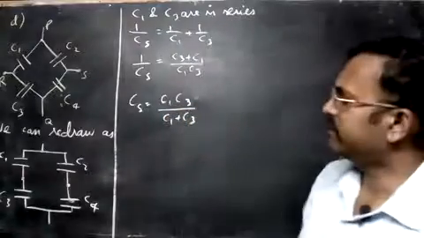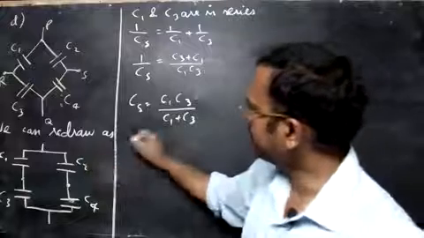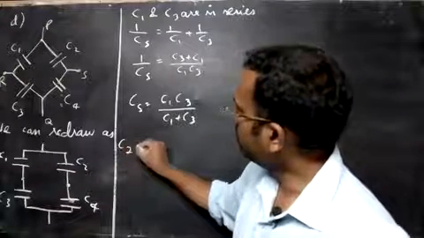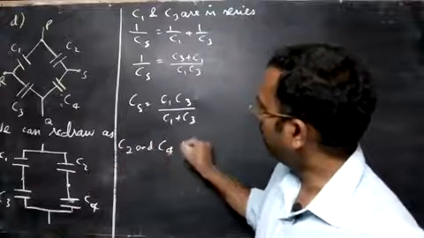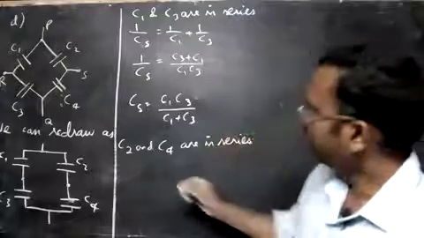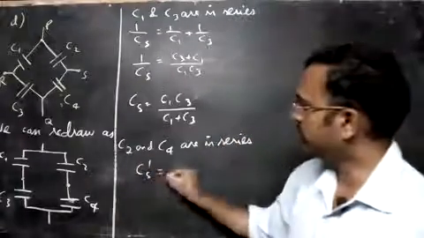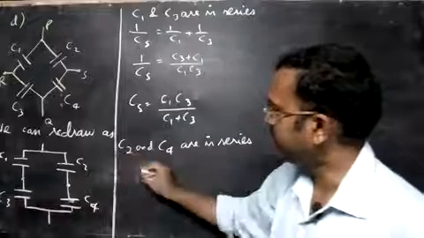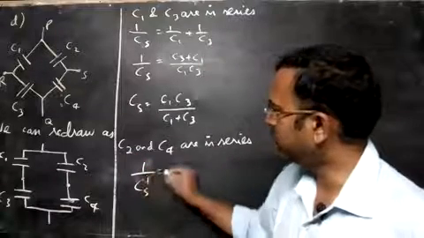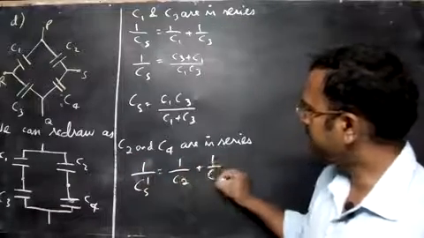Very easy. And then similarly, C2 and C4 are in series. Because they're in series, we get CS dash, to show the difference. The formula is 1 by CS dash is equal to 1 by C2 plus 1 by C4.